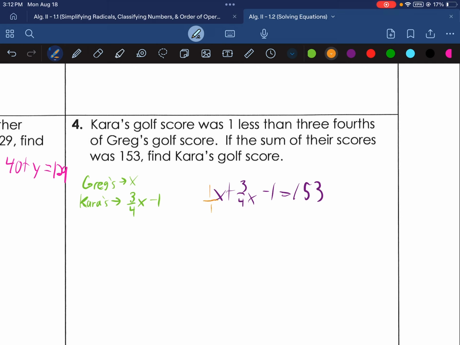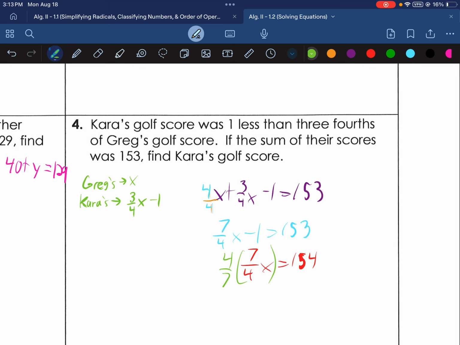So I'm going to get common denominators to combine these. 1x over 1 is secretly 4 over 4 x if we multiply by 4. And so I'll get 7/4 x minus 1 equals 153. Adding 1 to both sides gives me 7/4 x equals 154.